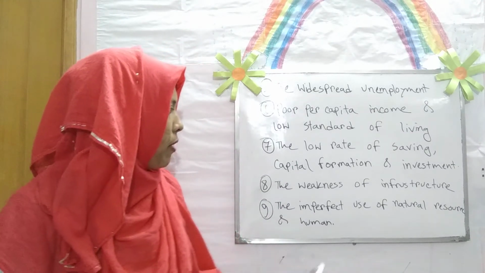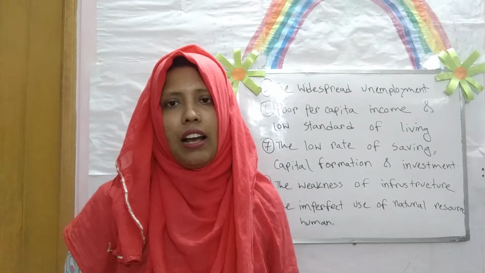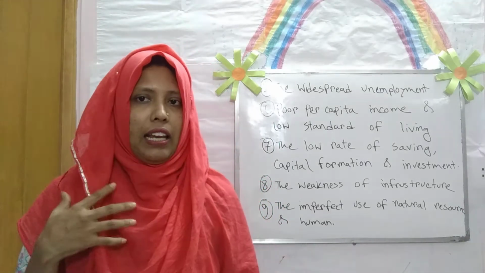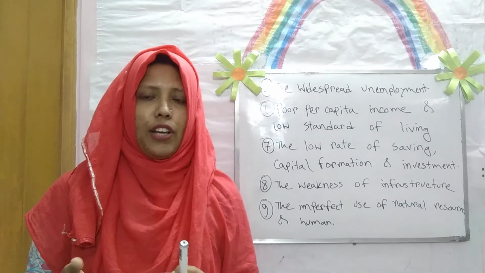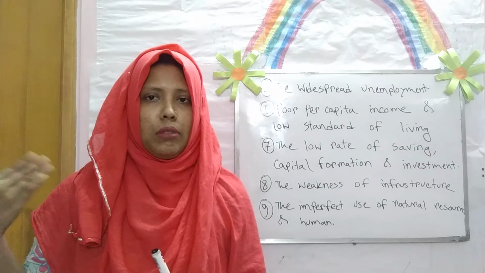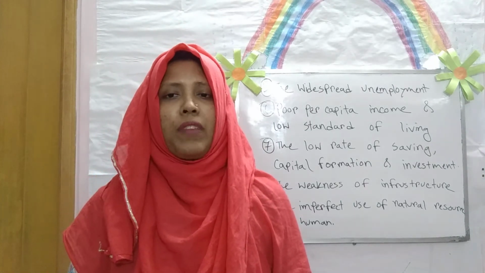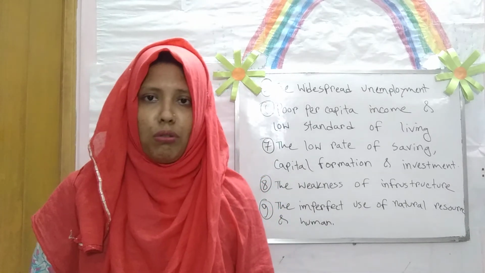After that, the imperfect use of natural resources and human resources. How many natural resources do we have? The proper use of natural resources and human resources is what develops an economy. But our planning system is not so good and of quality.